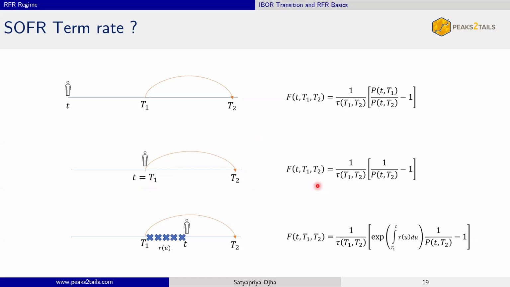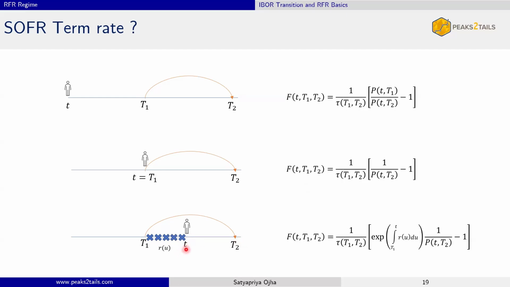But in case of SOFR, here is the complication. If it is a SOFR-based derivative, the floating coupon depends on the rate, obviously between T1 and T2, but that rate is a compounded rate of daily SOFR published between T1 to T2.